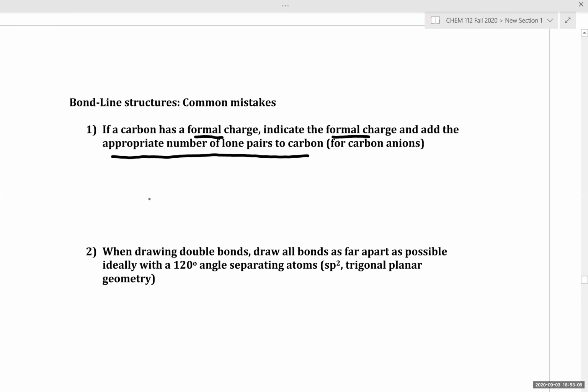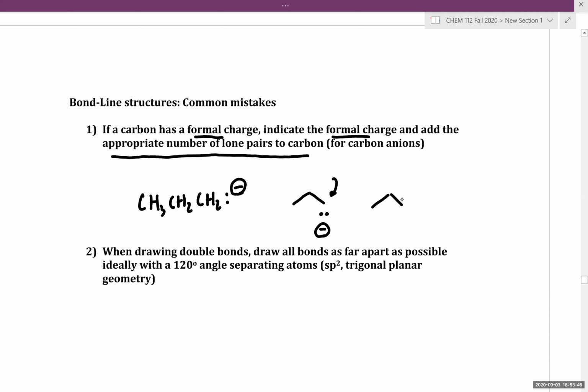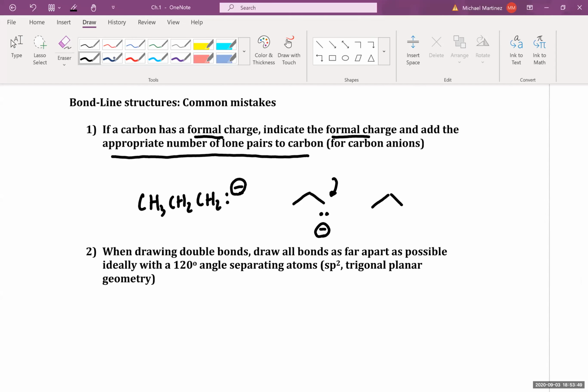So for example, if we have the following structure, this is represented in our bond line structure as so, where you draw your lone pair and your anion. Notice how this carbon, if it's an anionic carbon, how many hydrogens do I need to draw to that carbon?